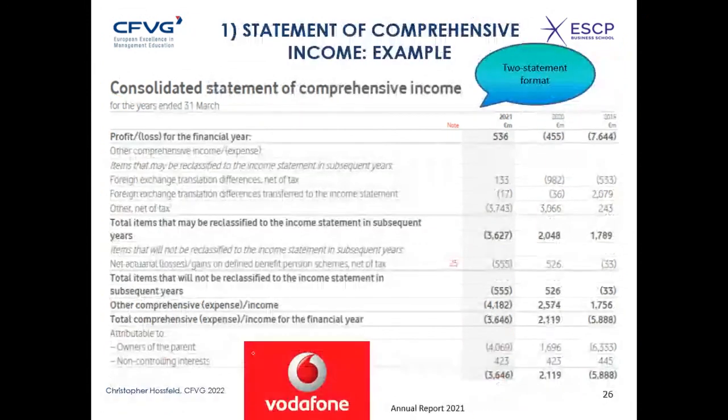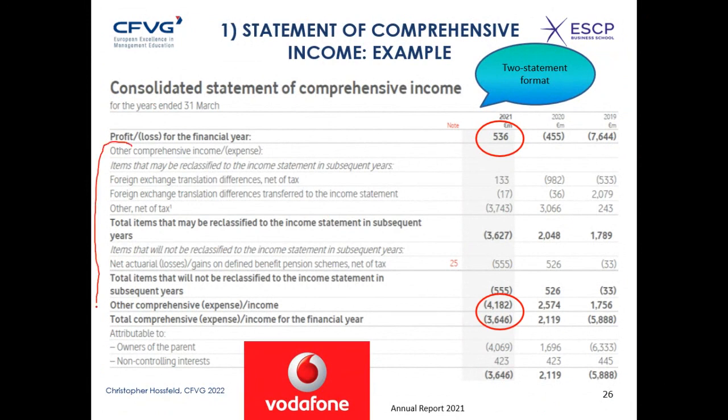And then on a second page, I have a second table where I have again my profit and loss from the additional income statement, but I also have here all the OCI items, ending with OCI, and then total profit plus OCI equals total comprehensive income, as you can see here.